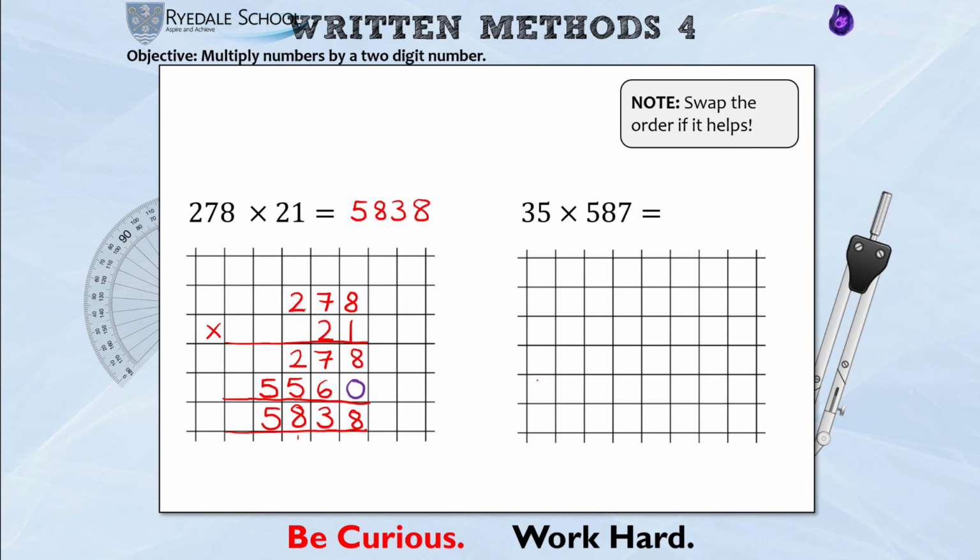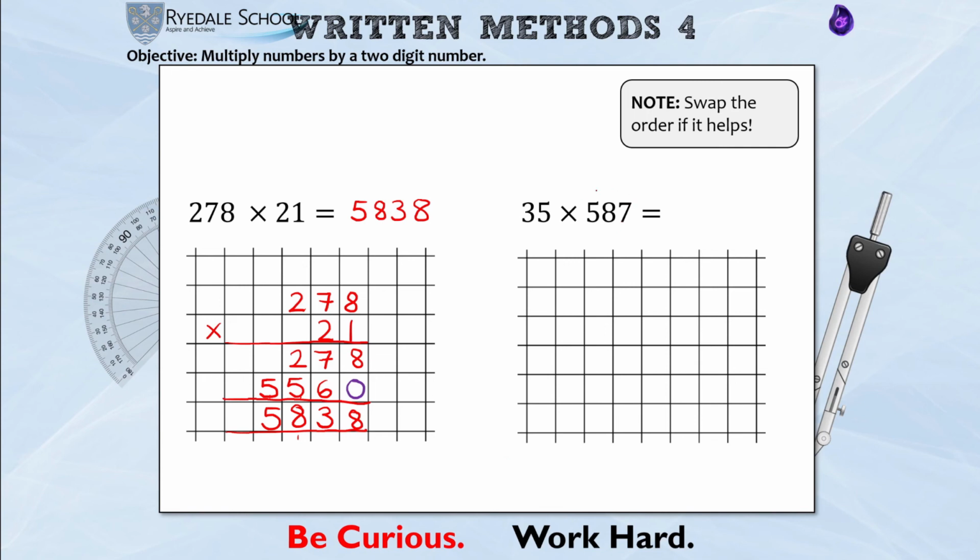Now for my final example, I've got 35 times 587. But we've only learnt how to multiply by a 2-digit number today. So what I would suggest you do is it doesn't matter if we swap these numbers round. We know that 4 times 3 is the same as 3 times 4.